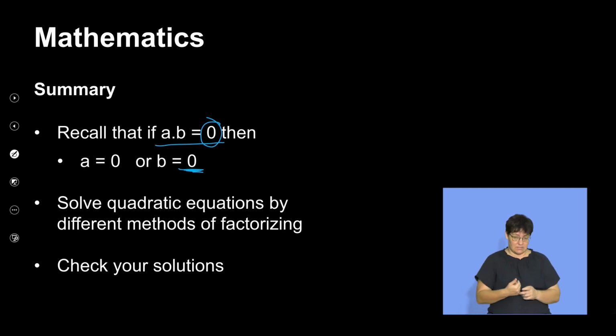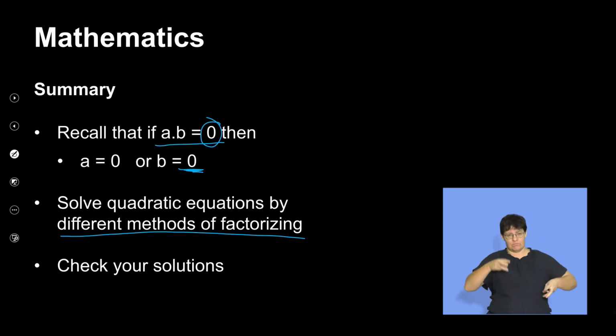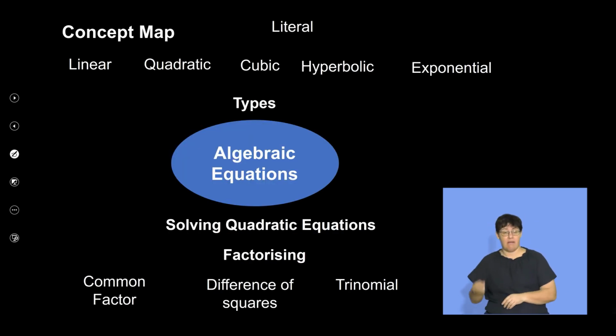And then solve the quadratic equation by different methods of factorizing. You can factorize by a common factor, by the binomials, or by just the difference of two squares. Always check your solutions so that you are sure that you have done the correct thing as you are solving.